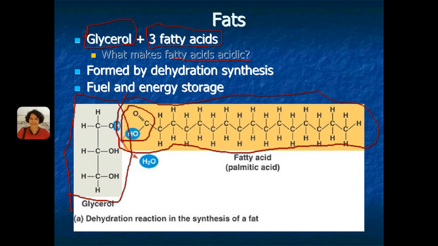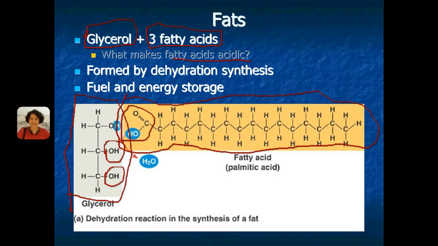So a dehydration, condensation, or synthesis reaction that we have described earlier is performed to put together the fatty acid with the glycerol molecule. And then there are 2 more positions where this can happen. So another fatty acid can be added here, and a 3rd fatty acid can be added over here. And then you have a triglyceride, or a glycerol molecule that has 3 fatty acids attached to it.